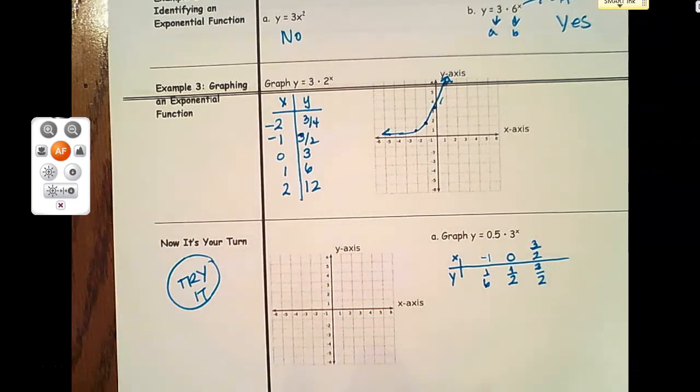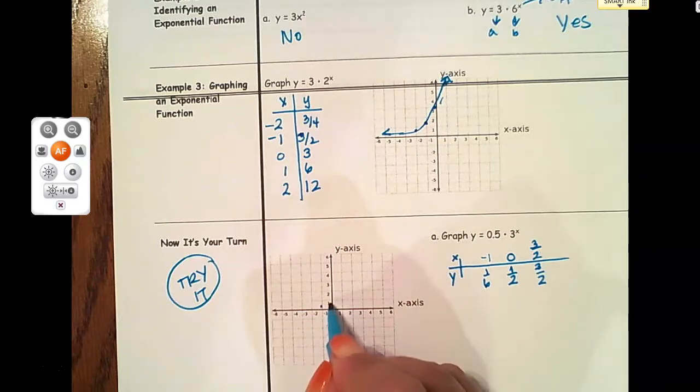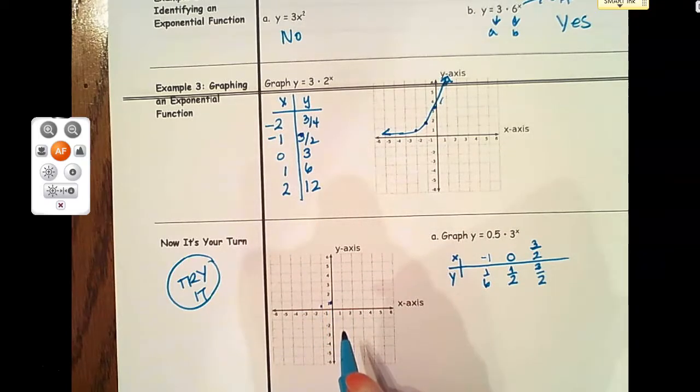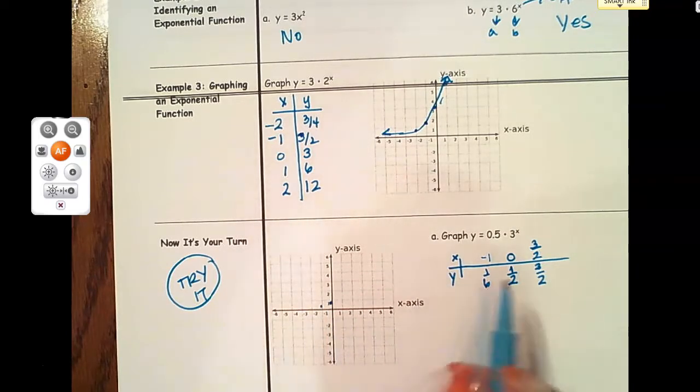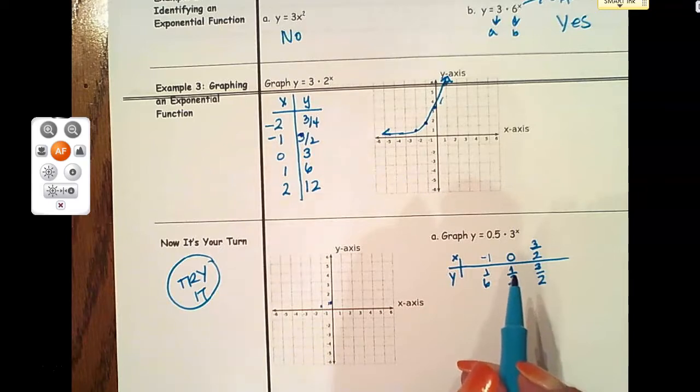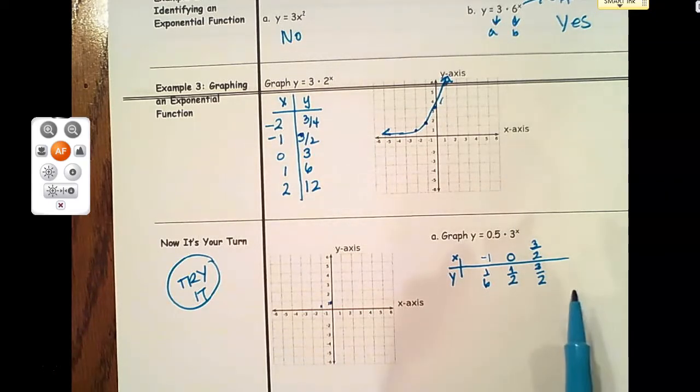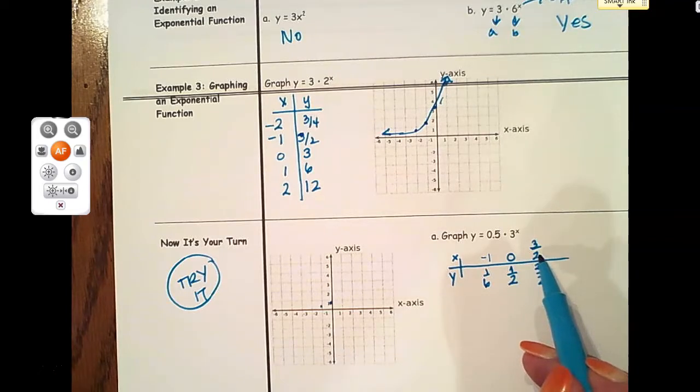So I think I've got enough to go on here. At -1, I'm at 1/6, at 0 there's a half, and then I think I made a mistake here with the 3/2.